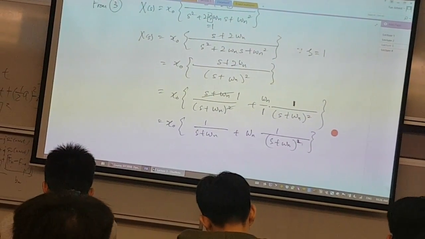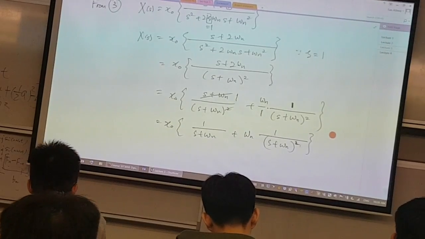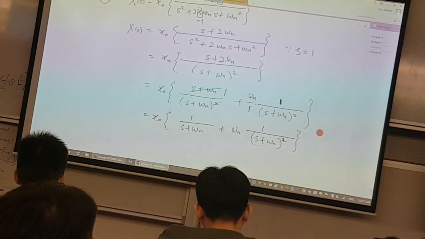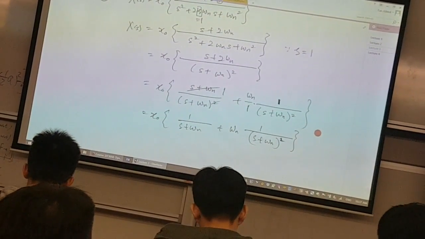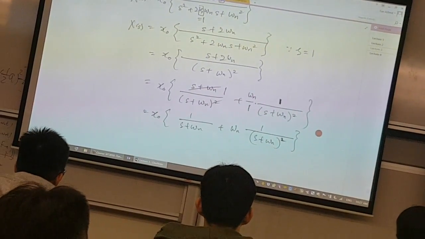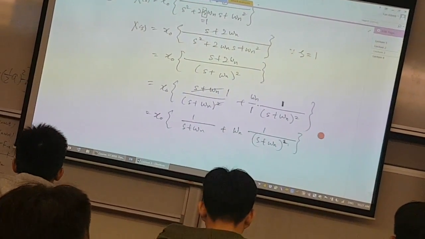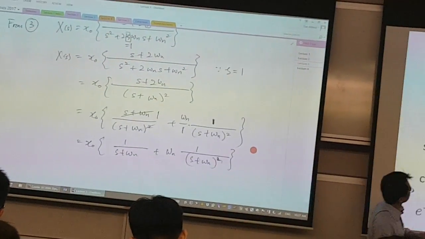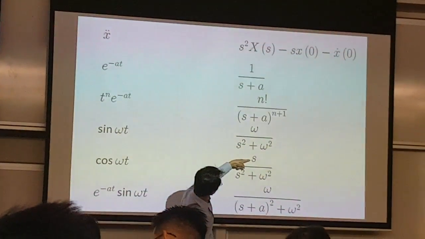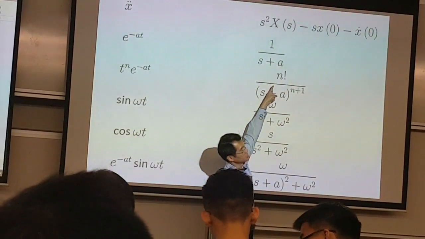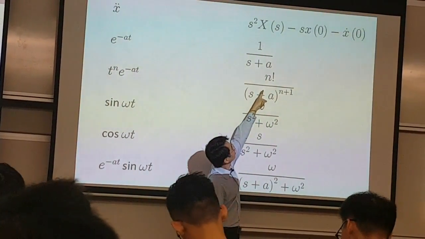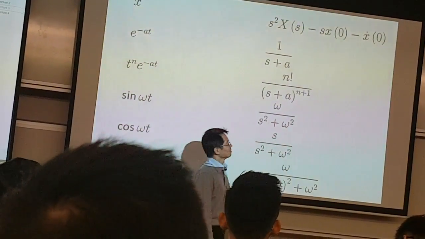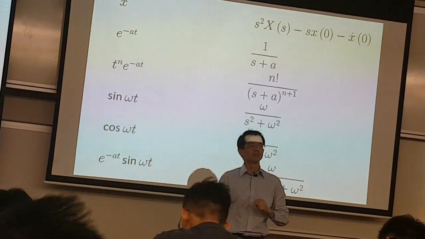If you refer to your inverse Laplace formula, let's have a look. 1 over s plus omega n squared. The 1 is a factorial.